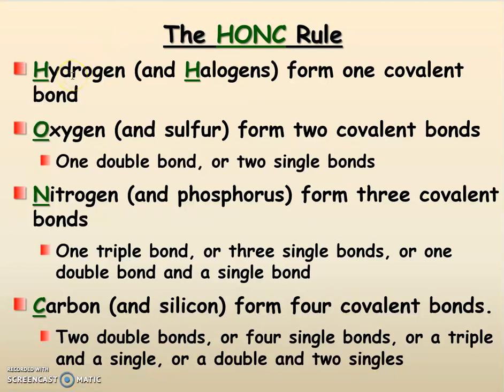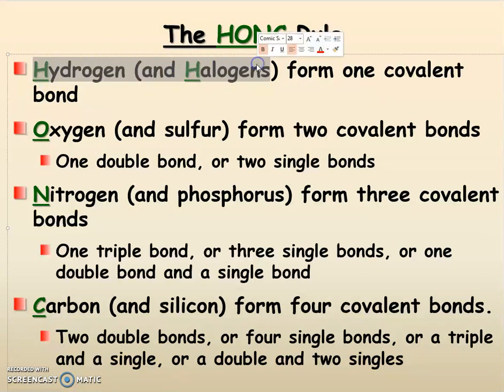Hydrogen has 1 valence electron, so it can only create 1 bond. Any of the halogens, group 17, have 7 valence electrons. They can only form 1 bond because they're missing 1 from their stable 8. So hydrogen and halogens both make 1 bond.